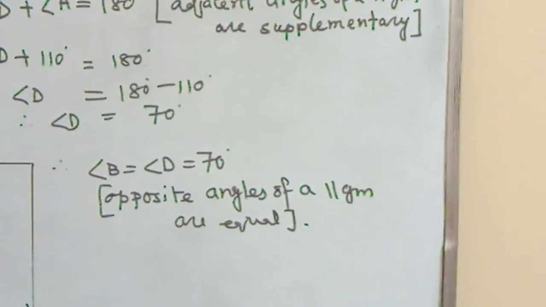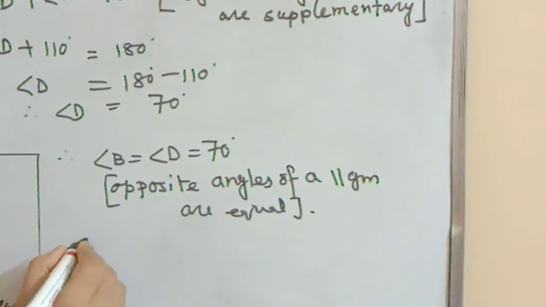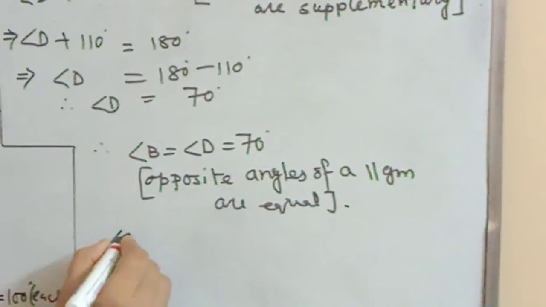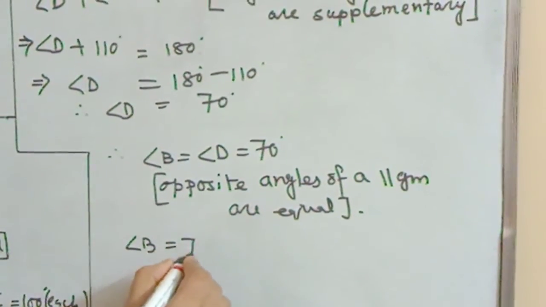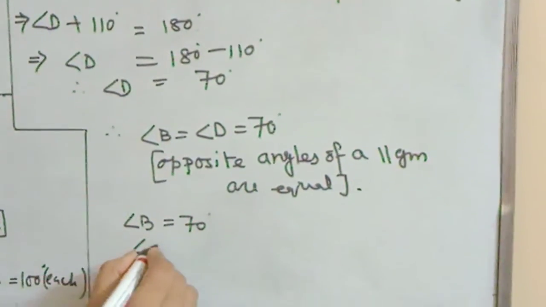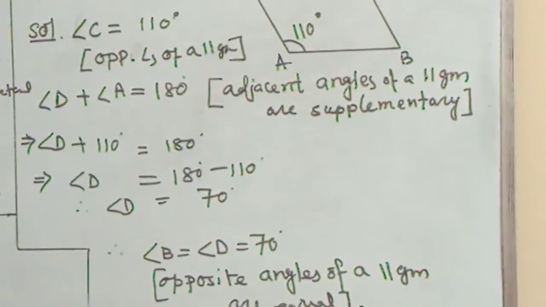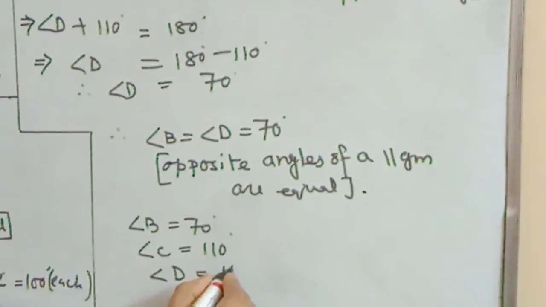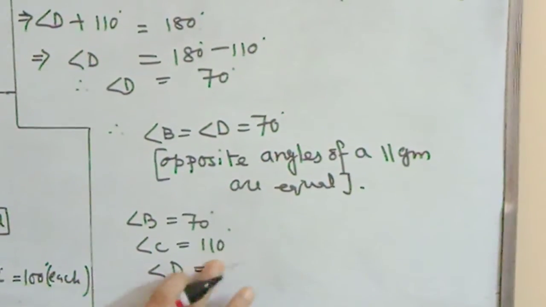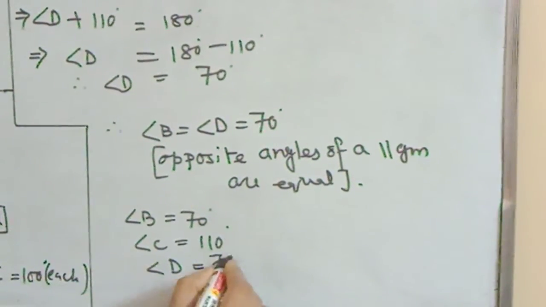So all the angles you have found out. See, angle B is equal to 70 degree, angle C is equal to 110 degree, and angle D is equal to 70 degree.